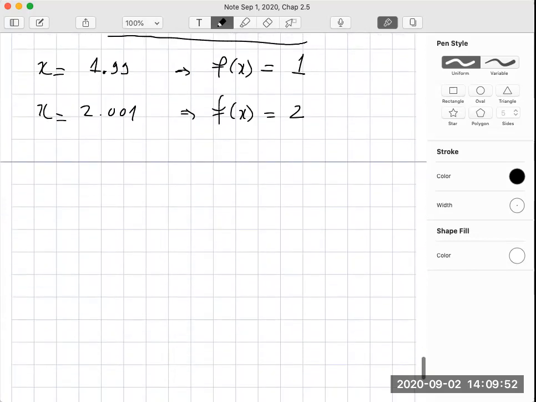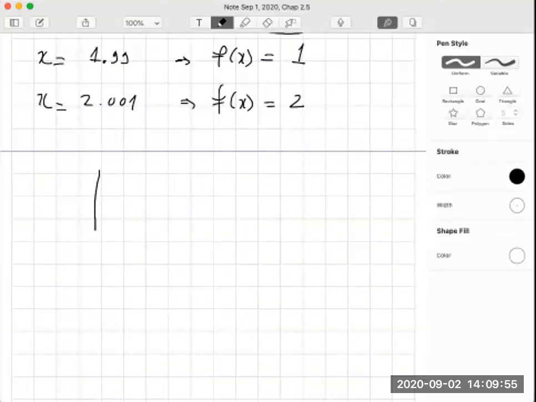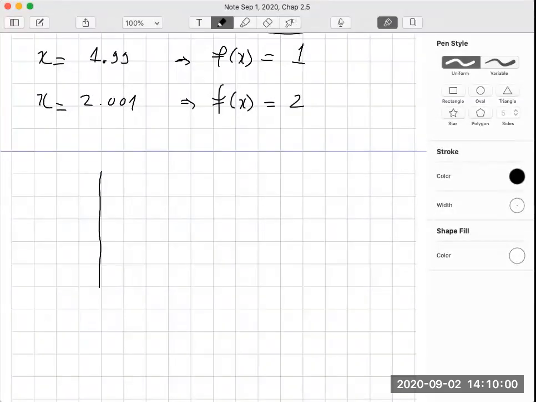And the graph of this function is like this. At 1, for any value larger than 1, it will be 1, right?